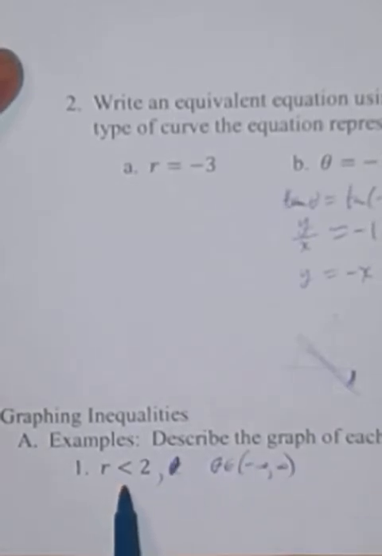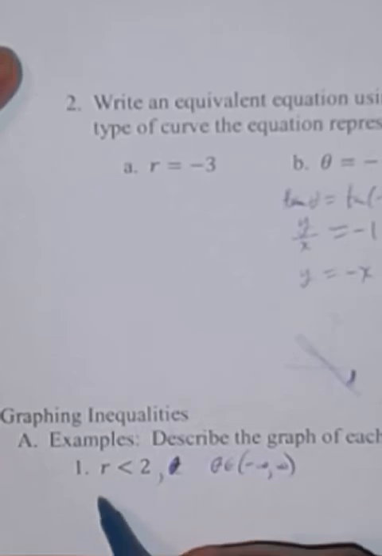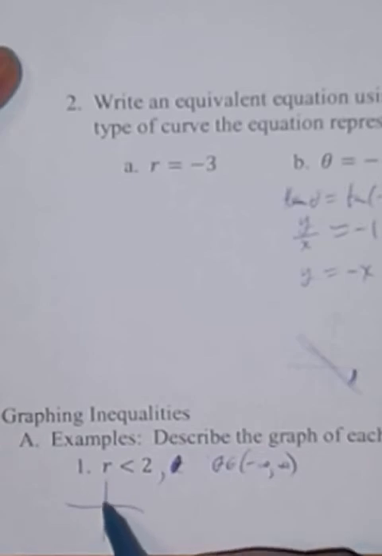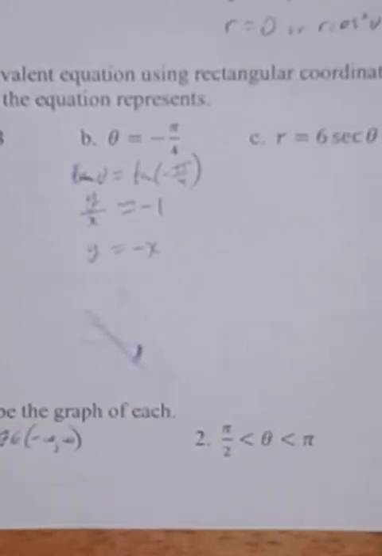And r goes from 0 to 2, right? If you look at all the different r's and all the different thetas, this is a circle, so it's a bunch of circles that go all the way up to r equals 2. So if I look at all the different circles that go like that, it should be a disk with radius 2.